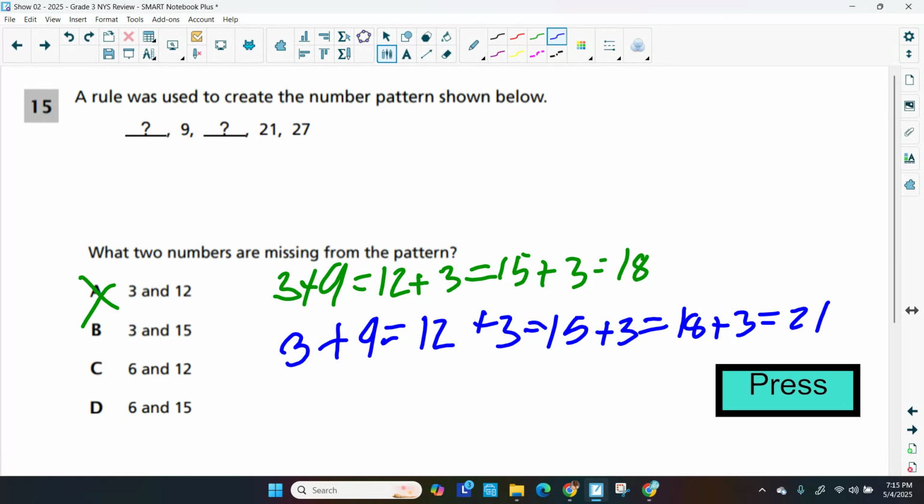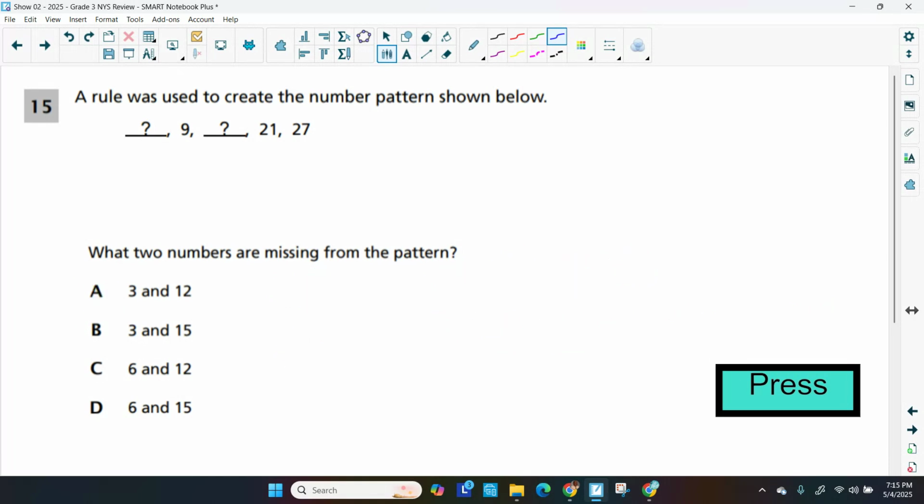All right. I like to work backwards on this. So you're saying it's B? Well, let me go backwards. I find the difference between these two numbers. 27 minus 21 equals 6. So I'm betting my pattern is 6 gets subtracted repeatedly because I went backwards. 27 minus 6 is 21.